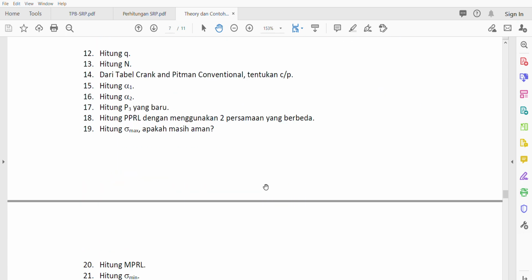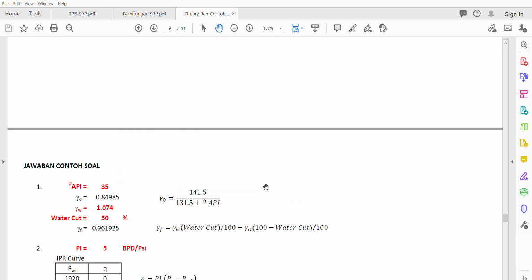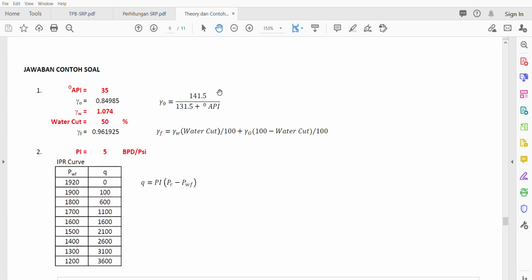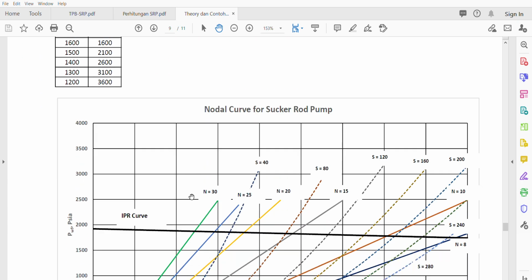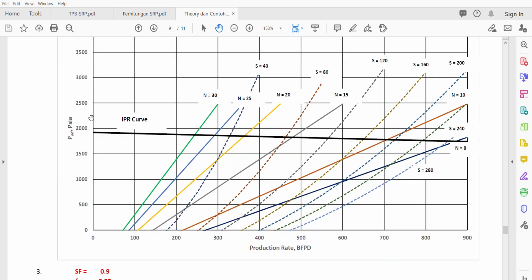Probably you will only reach a certain point here. You just make this plot by hand. Everything is by hand.